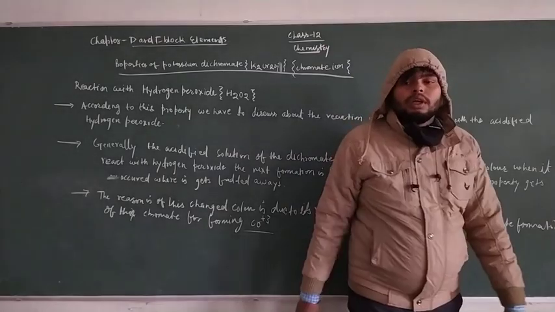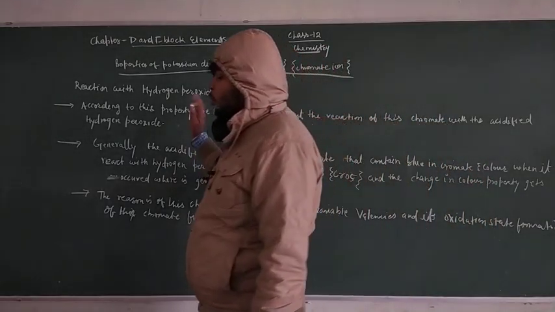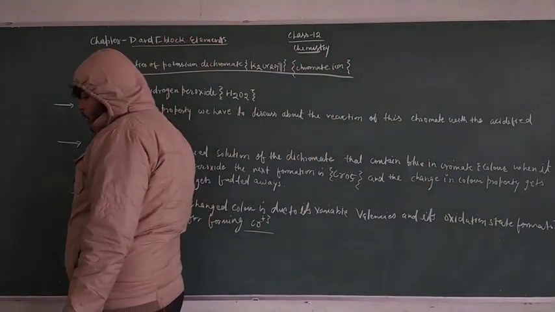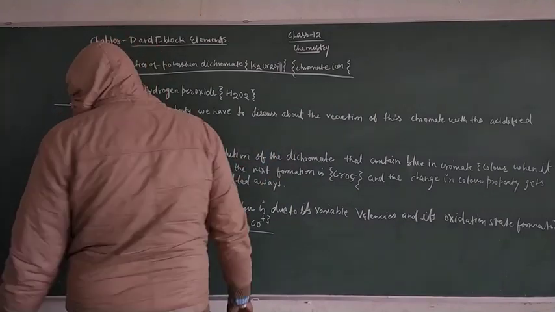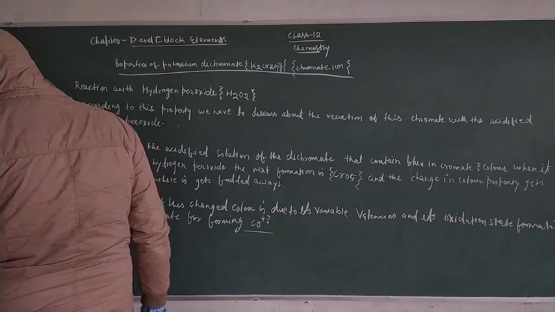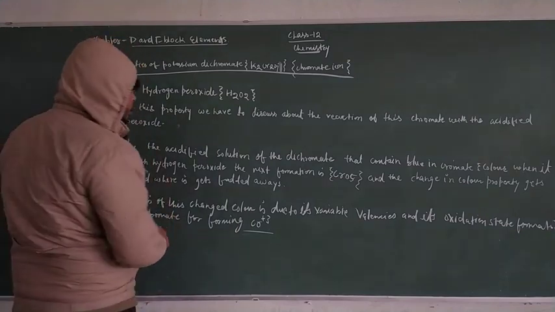This is the formation when this dichromate or chromate ion is combined with hydrogen peroxide.